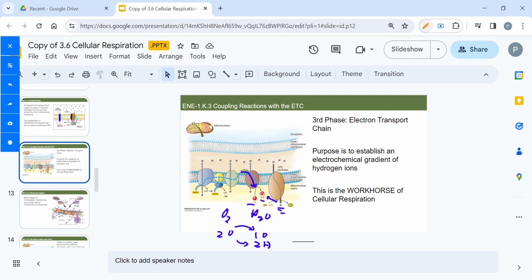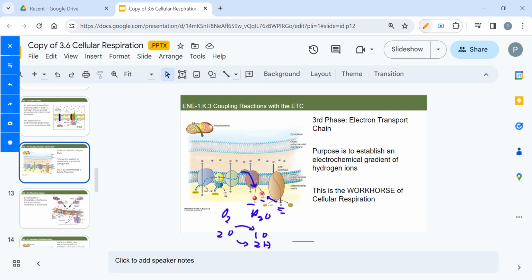So oxygen is the final molecule in cellular respiration that gets reduced, right? I'm going to collect that electron. I'm going to collect my hydrogen ion. I become water, and that water ends up being diffused out and goes off wherever.